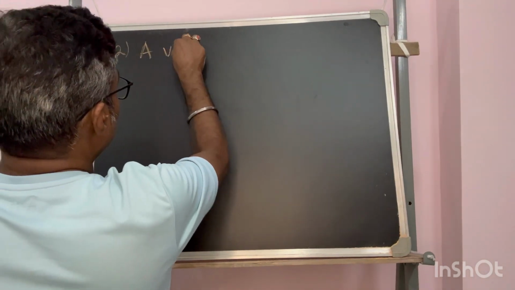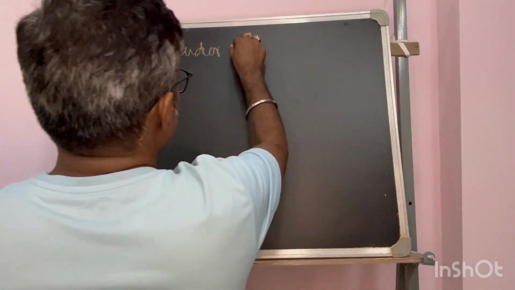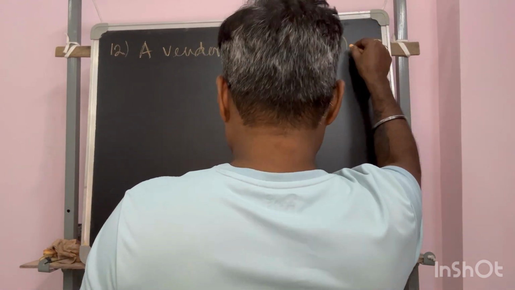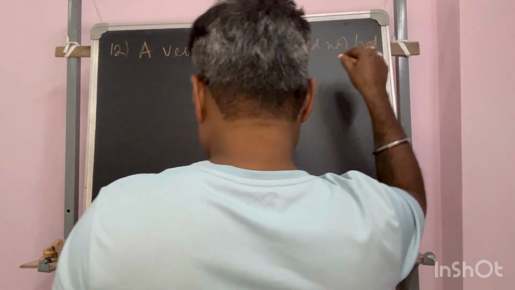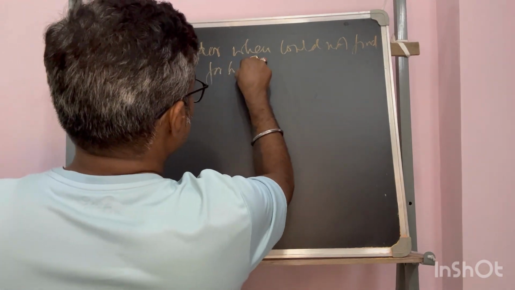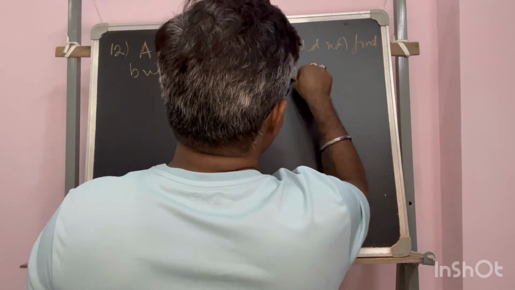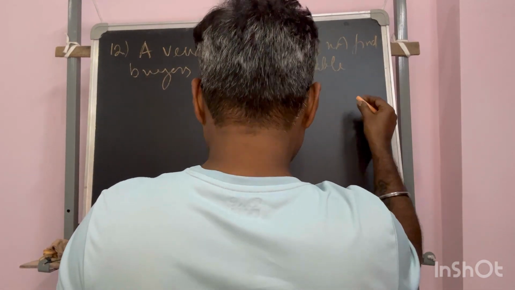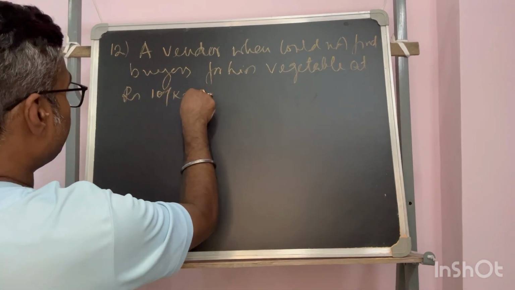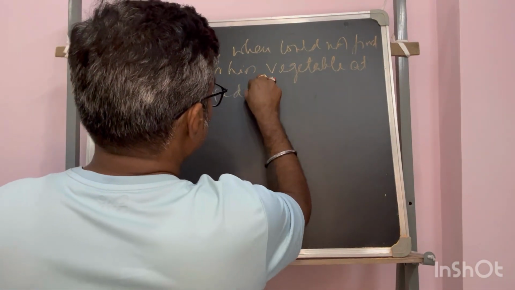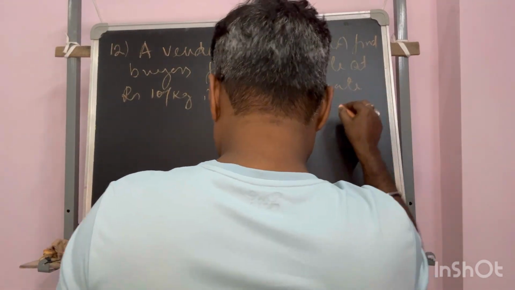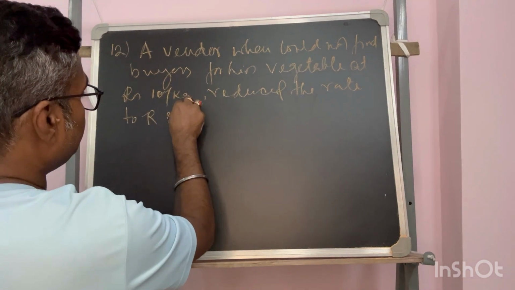A vendor, when he could not find buyers for his vegetable at rupees 10 per kg, reduced the rate to rupees 8 per kg.